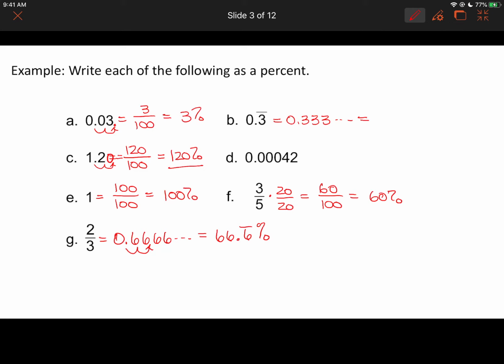Well, again, my trick says move that decimal 2 places to the right, so I get 33.3 repeating percent. And finally, for D, I'm going to move this decimal 2 places to the right, and I get 0.042%.